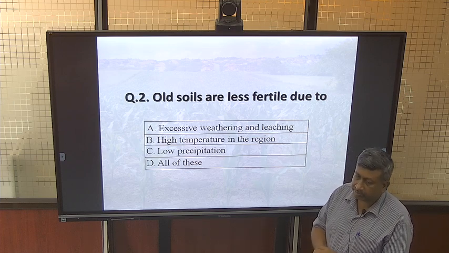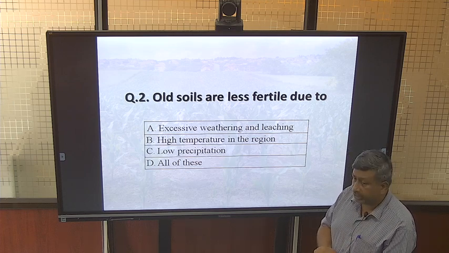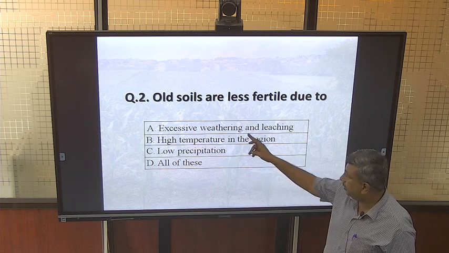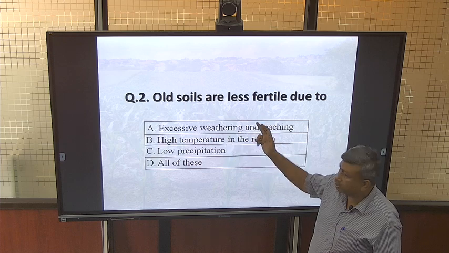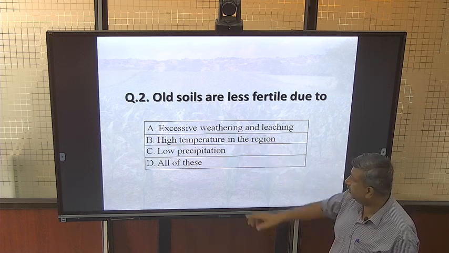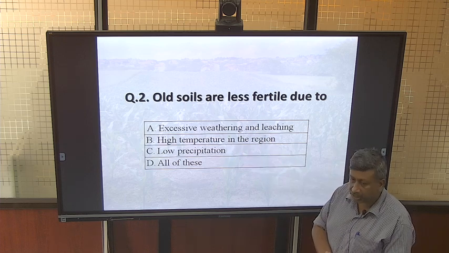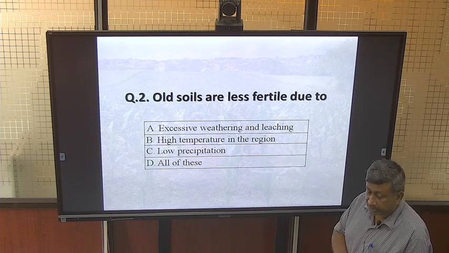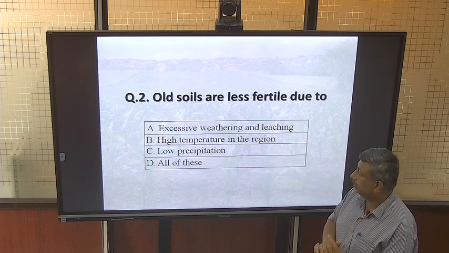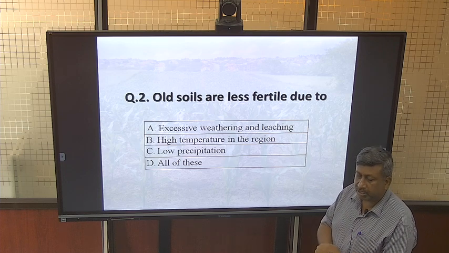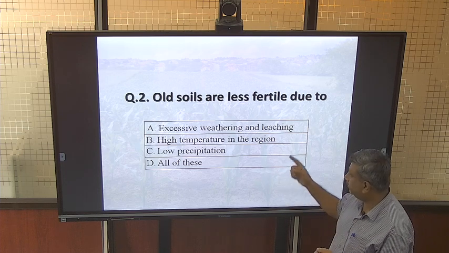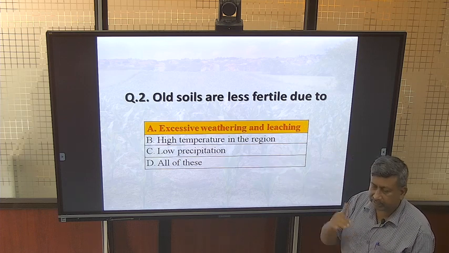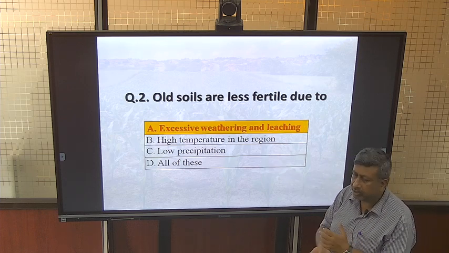It is not necessary that high temperature and low precipitation occur in old soil, but excessive weathering and leaching must occur, because old soils are subjected to weathering. So, the correct answer is excessive weathering and leaching. Once there is weathering, there is leaching and loss of nutrients.